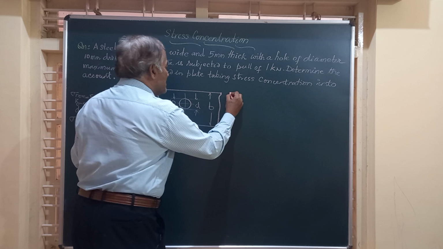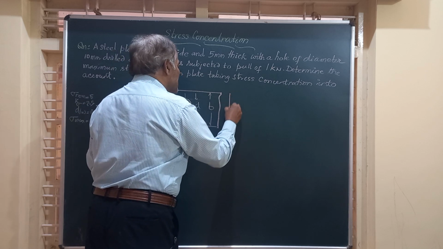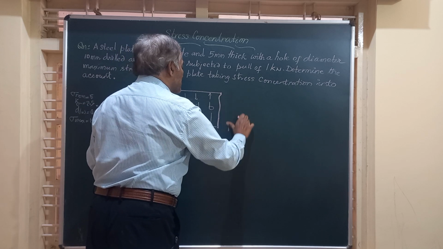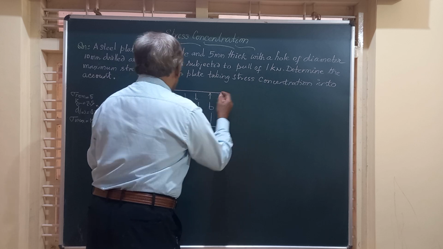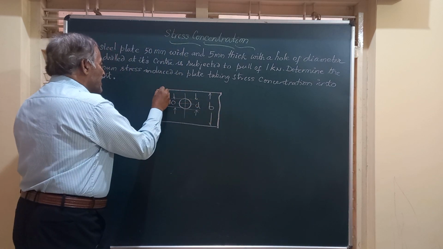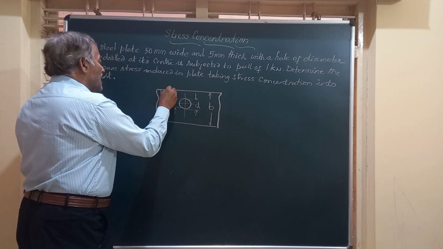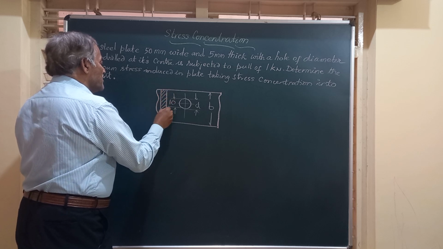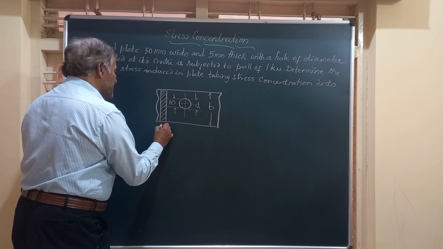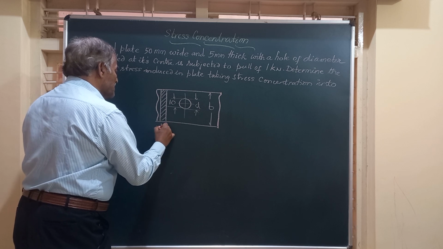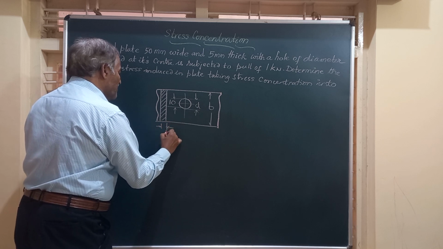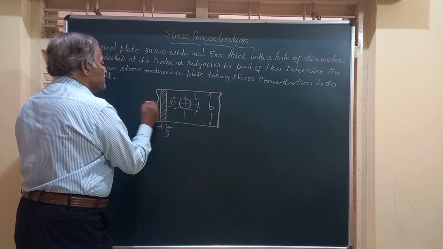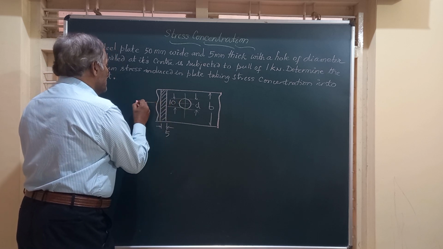And this cross section, if you see, is a rectangular cross section. I'll write down here only, and the thickness of the plate is given to be 5 millimeter, and it is subjected to a pull.